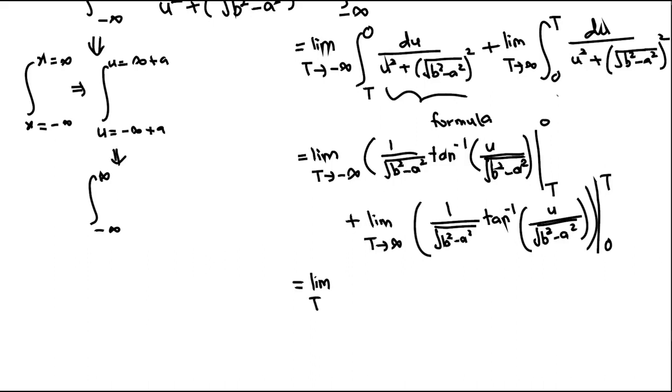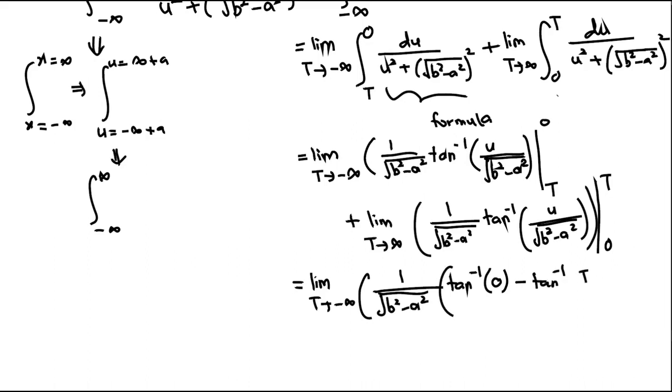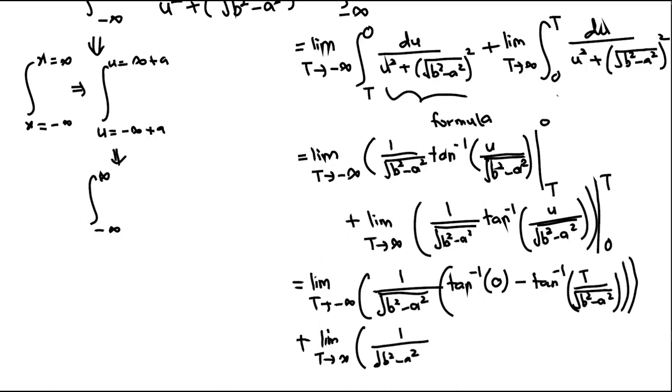So we have limit t approaches negative infinity, 1 over square root of b squared minus a squared, tangent inverse of 0, minus tangent inverse of t over square root of b squared minus a squared, plus limit t approaches infinity, 1 over square root of b squared minus a squared, tangent inverse of t over square root of b squared minus a squared, minus tangent inverse 0.